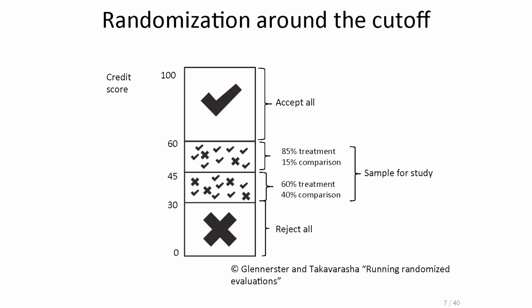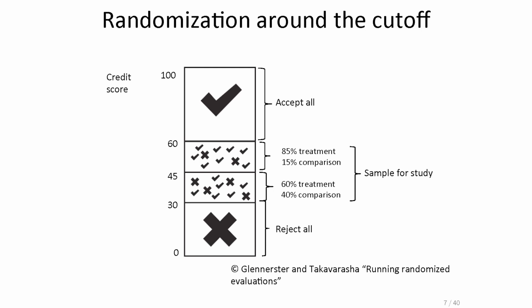But then in that gray zone, between 30 and 60 in my particular example, maybe there is some scope for trying out. And look, you're going to learn something that is useful for your business, because if it turns out that the people right above the threshold actually are quite likely to default, then you might want to make the threshold higher in the future.